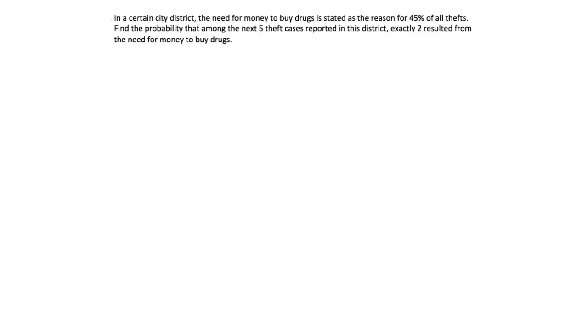In a certain district, the need for money to buy drugs is stated as the reason for 45% of all thefts. Find the probability that among the next 5 theft cases reported in this district, exactly 2 resulted from the need for money to buy drugs. So we're going to use the binomial formula here with x equal to 2, n equal to 5, and p is our probability of success.